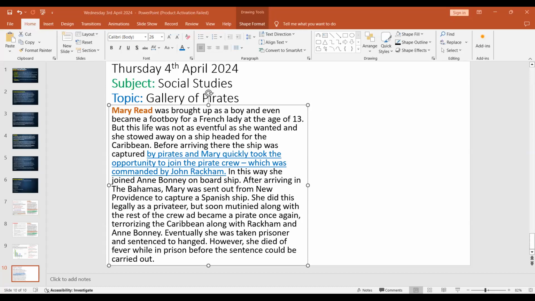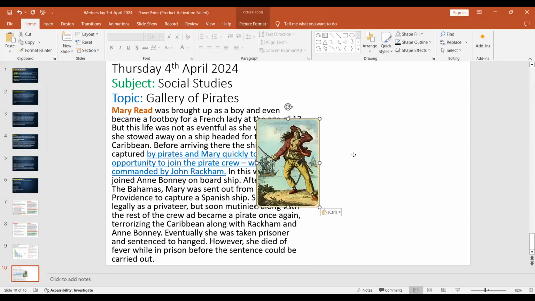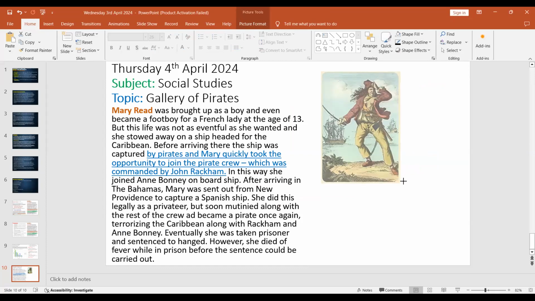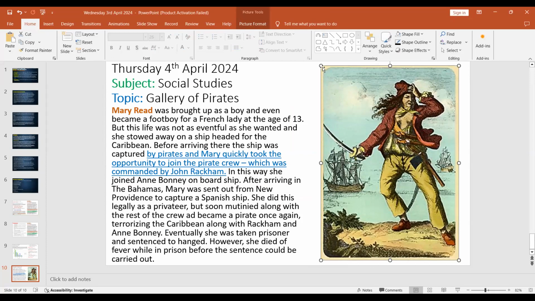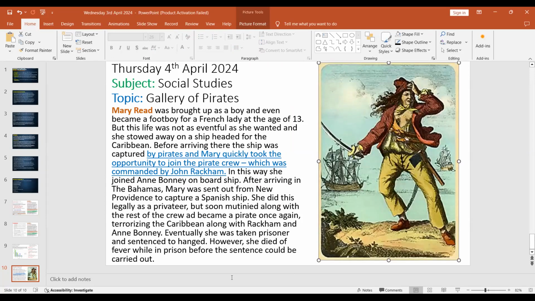Let me show you a picture of Mary Read. Pictures that they have of her. Obviously, she's going to dress like a man, as a pirate, as a female pirate. So this is an image of her carrying a sword. Mary Read, the one and only.